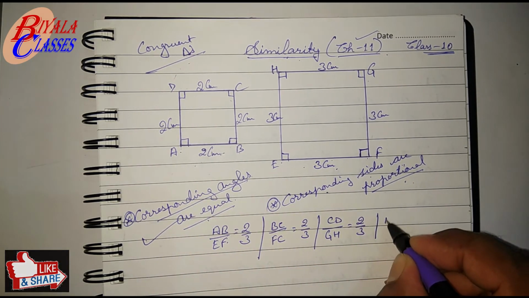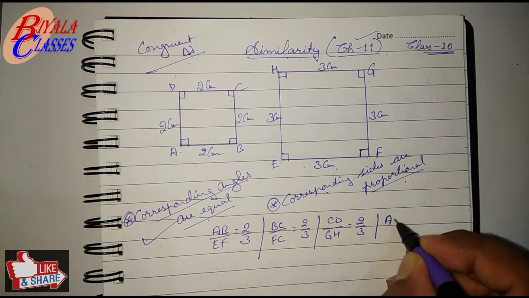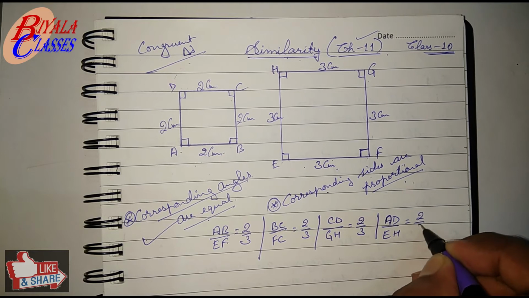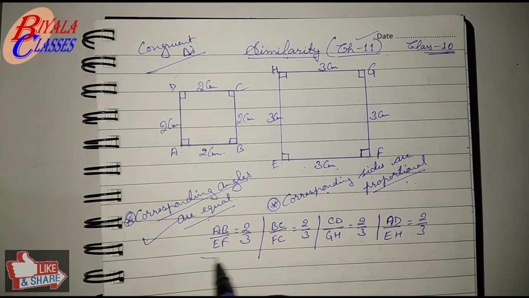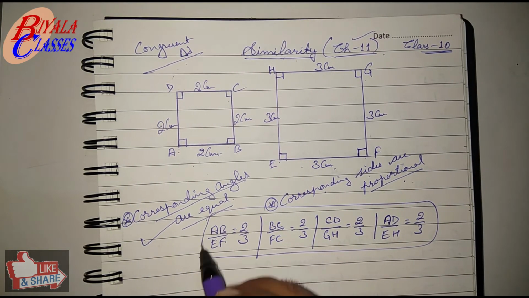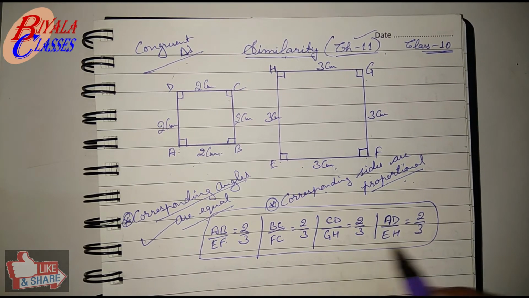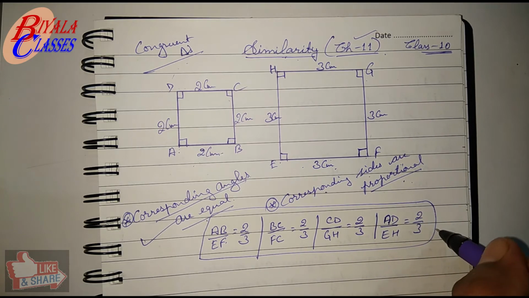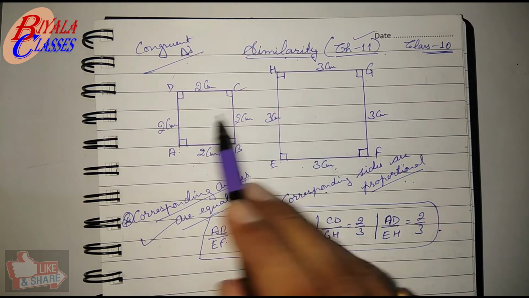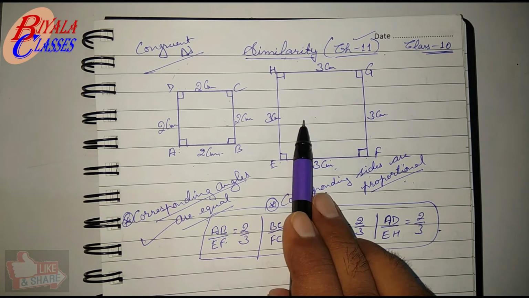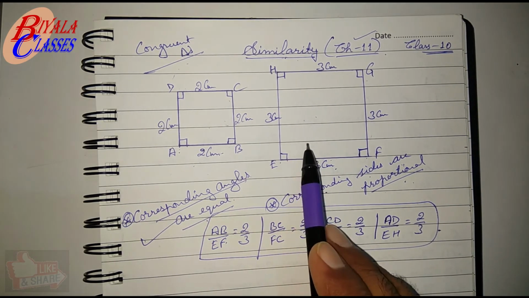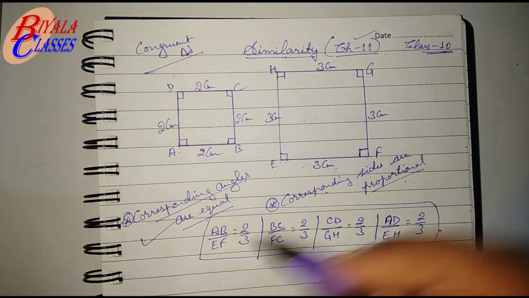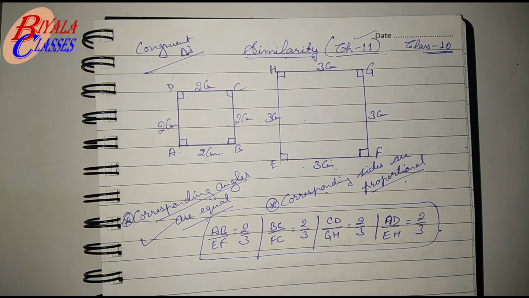And lastly, the fourth sides AD and EH, this is also 2 upon 3. So the corresponding sides are proportional to each other, meaning they are all in the same ratio. Hence we say that these two squares are similar to each other.